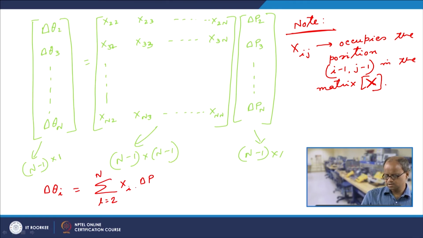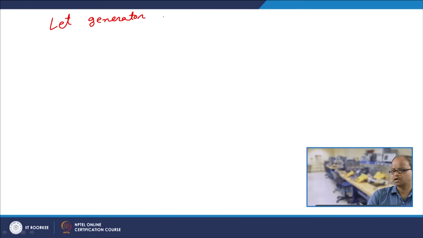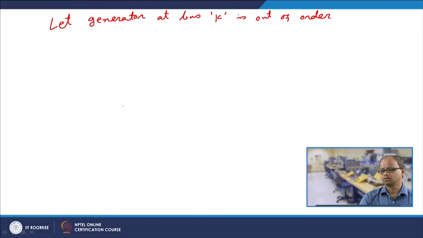Let us say the index is L, so I L delta P L from this. Now, let the generator at bus k be out of order. So then, what happens?